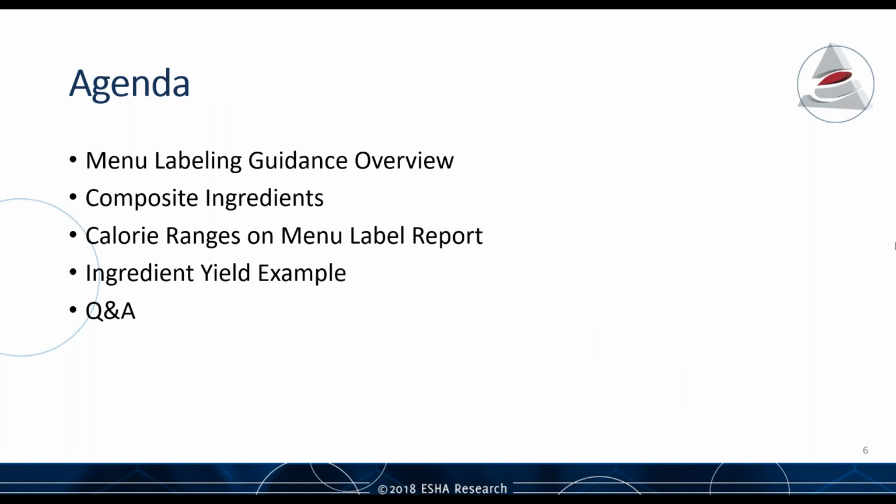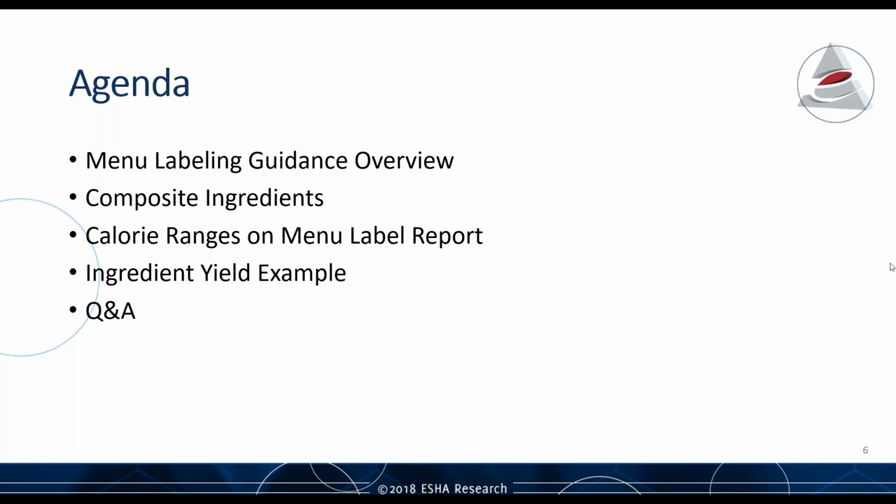Today's agenda. Again, we're going to be looking at a menu labeling guidance overview. Alicia is going to go over a lot of that information on things that we've gotten some updates on and just the overall regulations. And then we're going to look at some of the information inside of Genesis. We're going to look at the brand new composite ingredients section of Genesis, the calorie ranges in the label menu report, the menu label report in general.